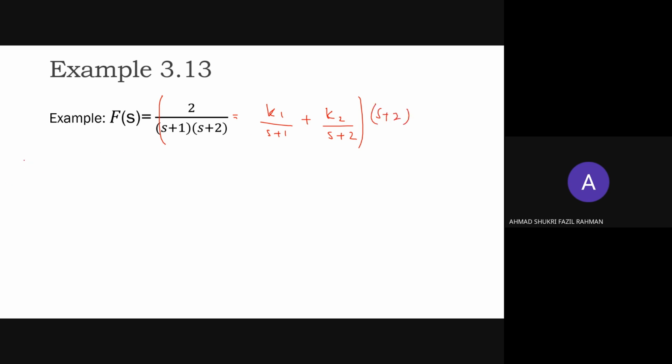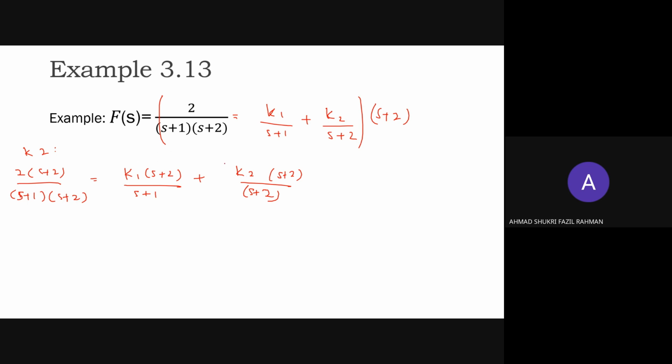To find K2: 2 over S plus 1 S plus 2 equals K1 S plus 2 over S plus 1 plus K2 S plus 2 over S plus 2.